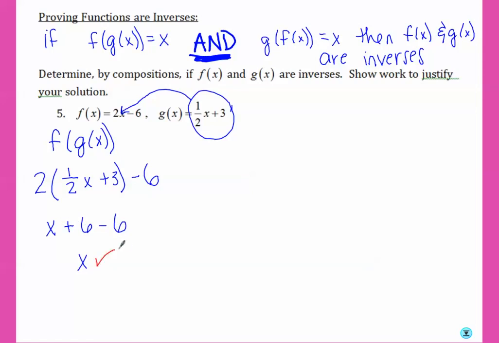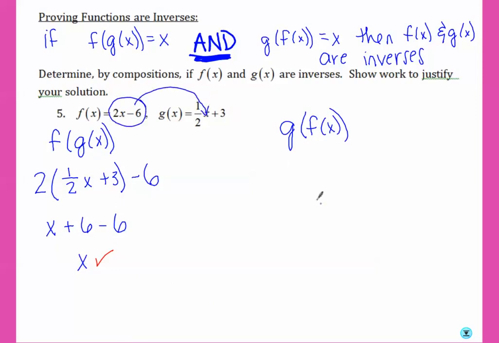So far, that's good. We're halfway to showing that they're inverses of each other. The other thing we have to do is g of f of x. So take f and plug it into g.